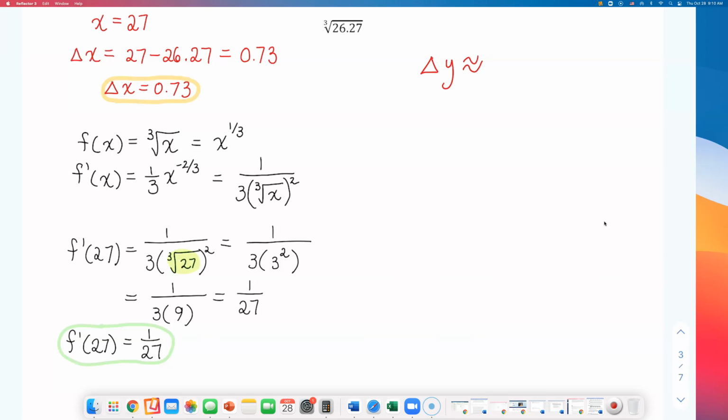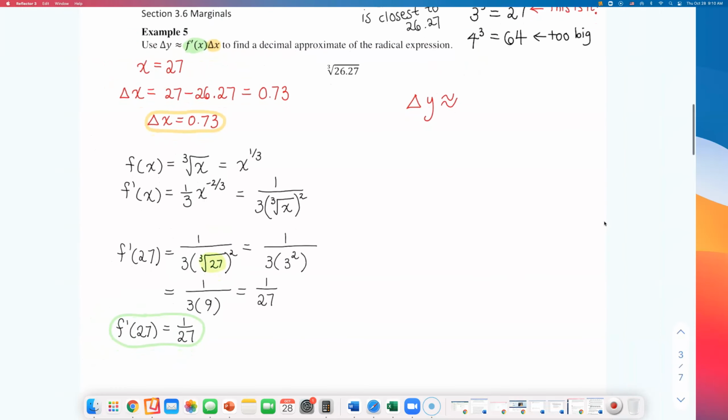Delta y is approximately, what's the formula? f prime of x, so f prime of 27, times delta x, which is this decimal right there. So let's find what that is. Delta y is approximately 1 over 27 times 0.73, the orange and the green multiplied.